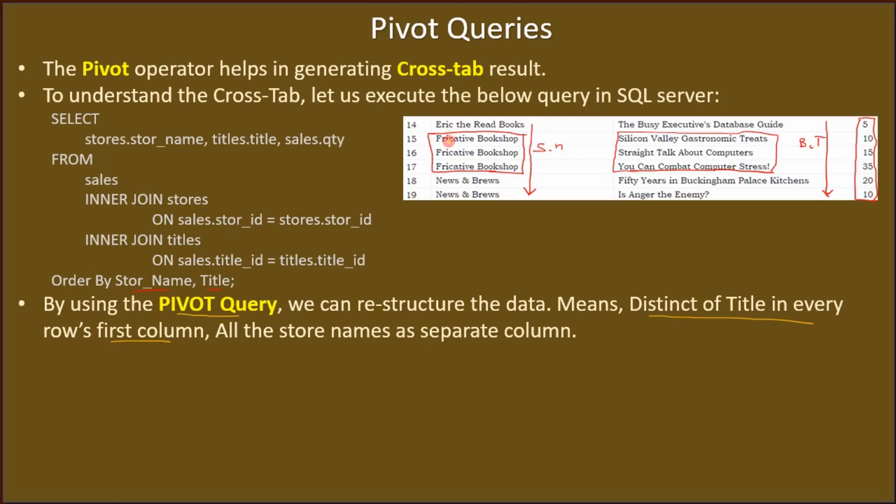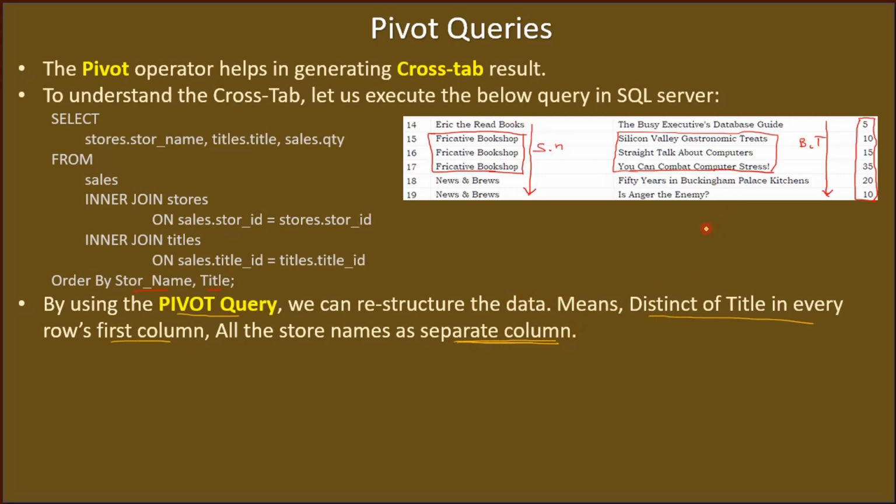Or the other way, distinct of store name. So it depends how you are performing the CrossTab. Here, distinct of title in every row's first column and all the store names as a separate column. So that's how we are going to restructure here.